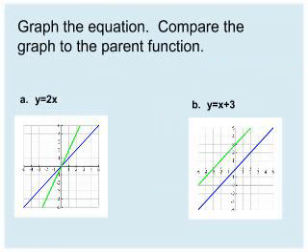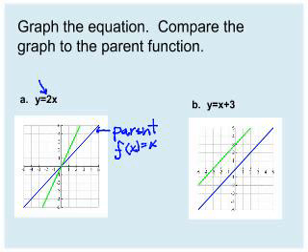For instance, if we put a 2 here in front of the x, let's take a look at what happens. This blue line is my parent, f of x equals x. The second function, the one in green, is y equals 2x.